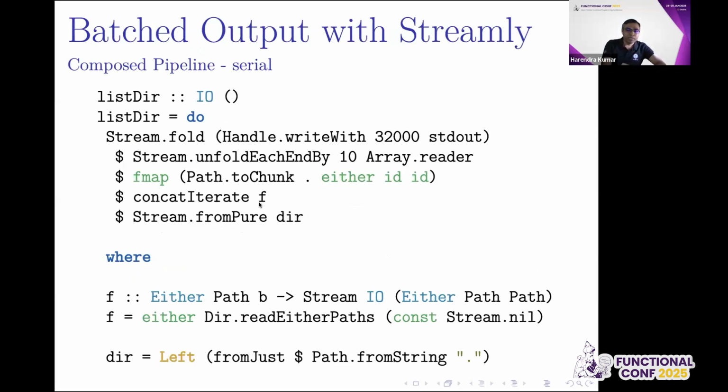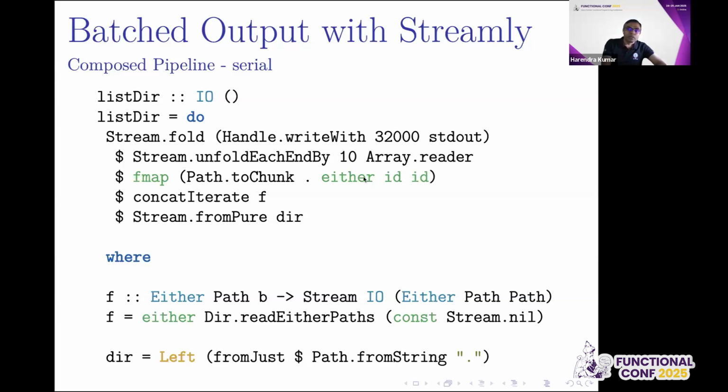Now on dot, it will generate a stream from the contents of dot, and then it will continue iterating on that stream until all the directories in that are iterated in a depth first manner, because we are using the append function for appending the streams. Now, the output of this stream will be all the directories and files that are generated by concat iterate.